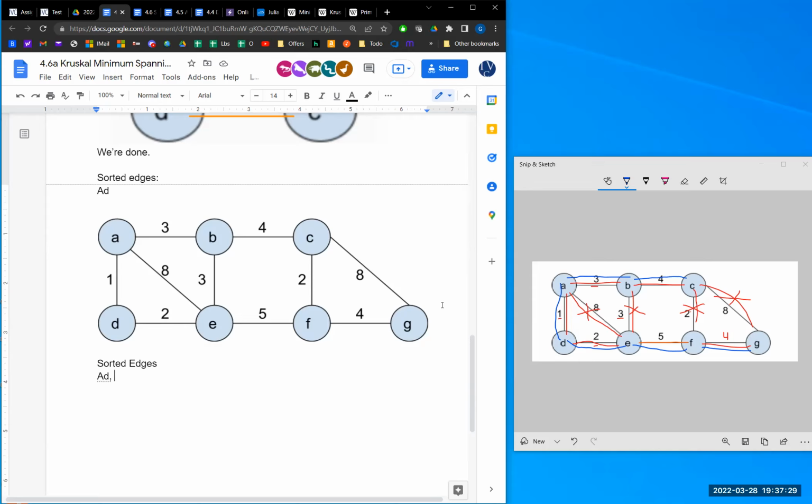All right, let's just list out the edges. We go to the matrix and we start at A. It gets to B, grab it. A gets to D, grab it.